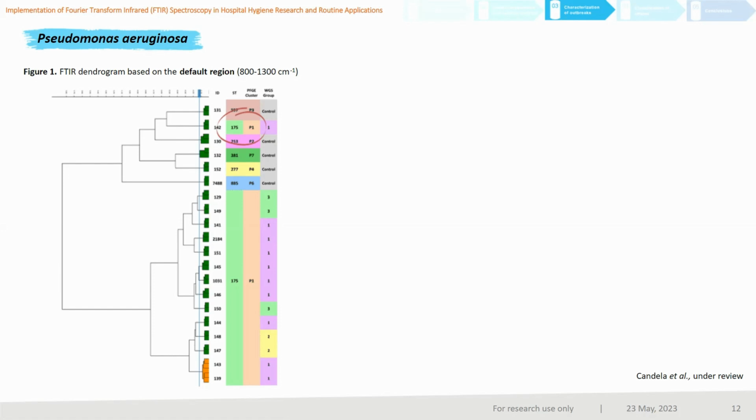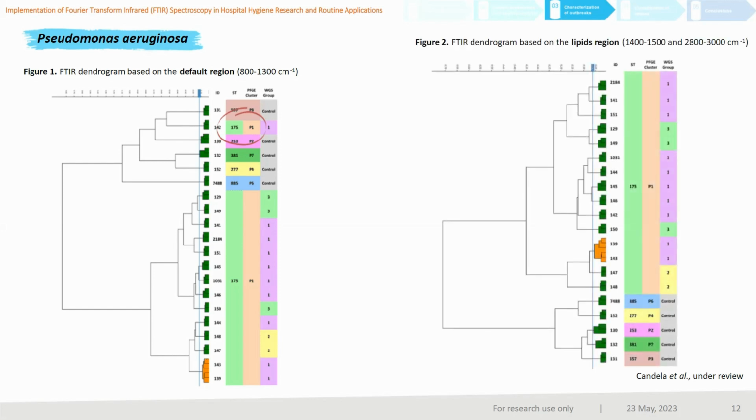If you remember from previous slides, we have the ability to perform the analysis in different regions of the spectrum. So in this case, if we take a look at the lipids region, we obtained a different dendrogram where all outbreak isolates were correctly grouped in the same cluster. It's worth noting that 2 isolates of this study belonged to the same patient, and they were grouped together with a very small distance between them, indicating their close relation.